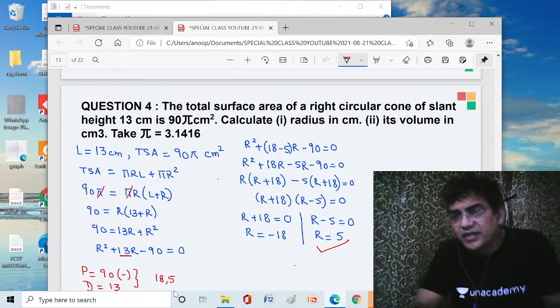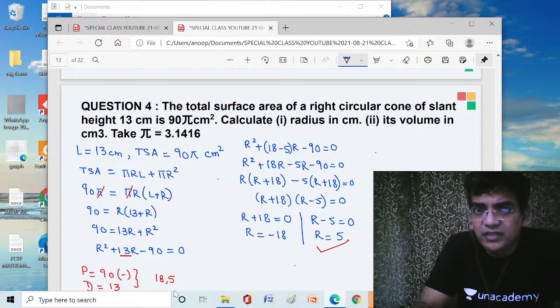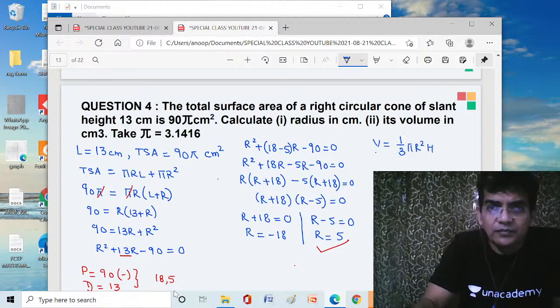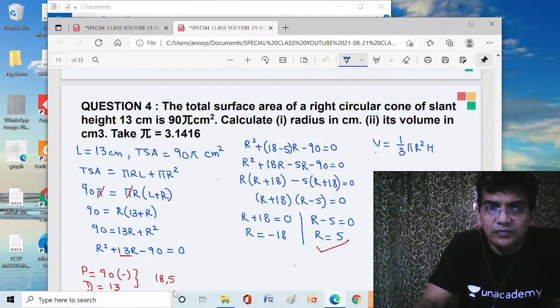So in the first part they have asked us to calculate the radius, so that we have calculated. Now let's see what they are asking in the second part. It's volume. So the volume formula is 1 upon 3 pi r square h, right?